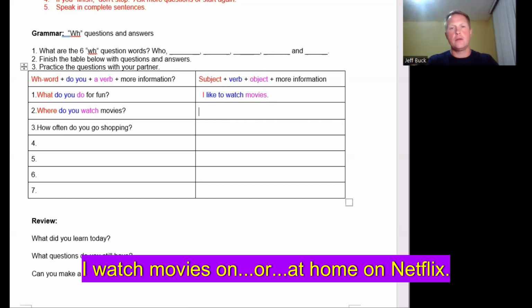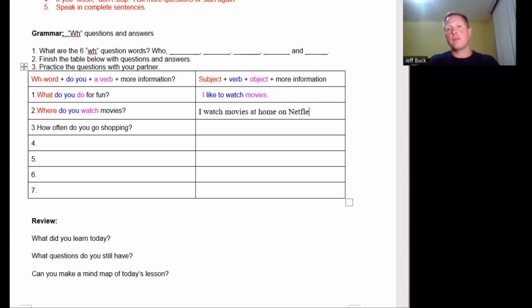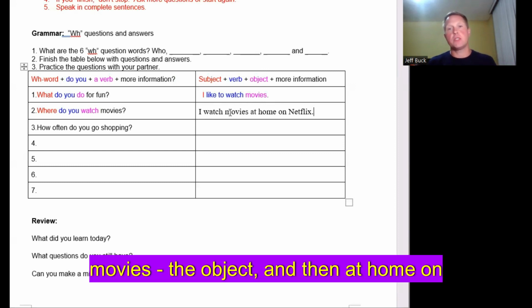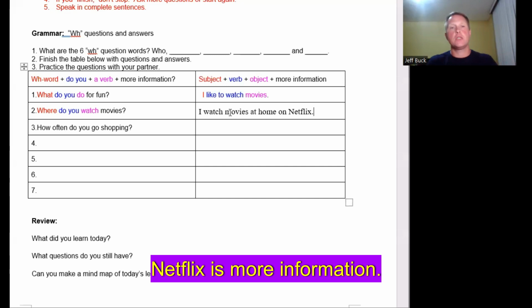I watch movies at home on Netflix. I, the subject, watch the verb, movies the object, and then at home on Netflix is more information.